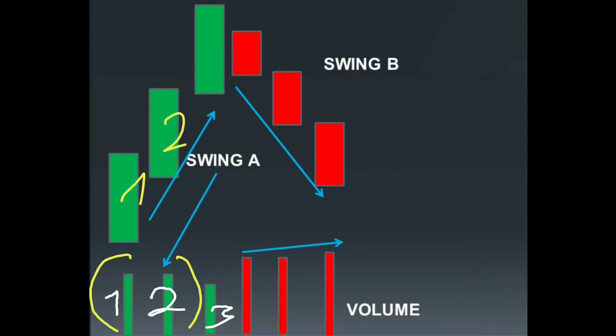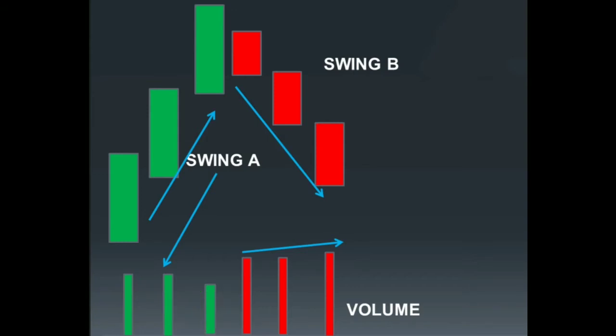The first two candles had increased or high volumes, but the final candle, the third candle, had a reduced volume, which shows that bulls were weakening. That means the increase in price was not directly proportional to the increase in volume. Hence, the bullish force was weakening.